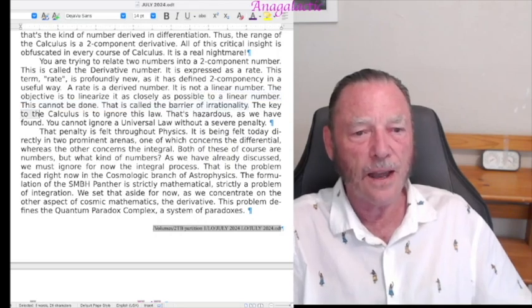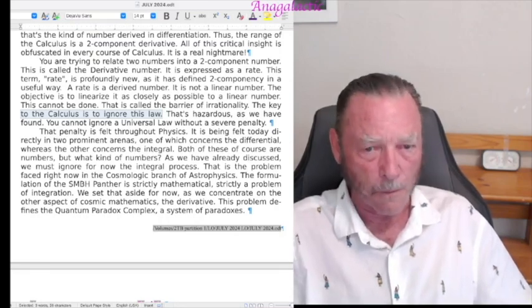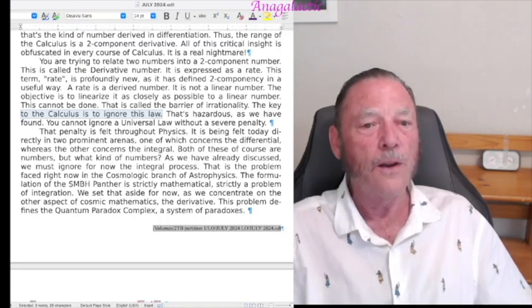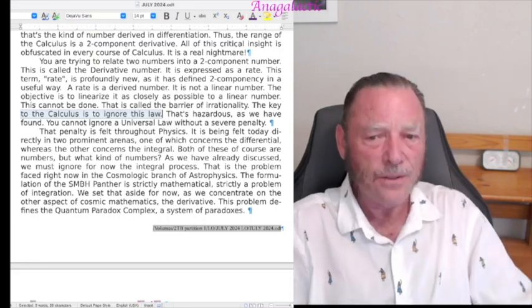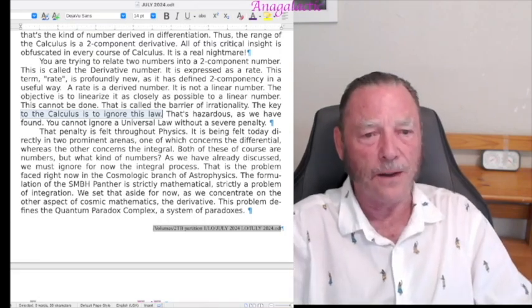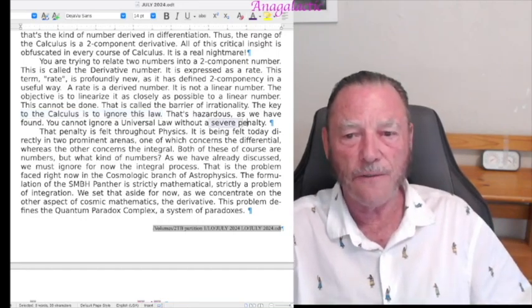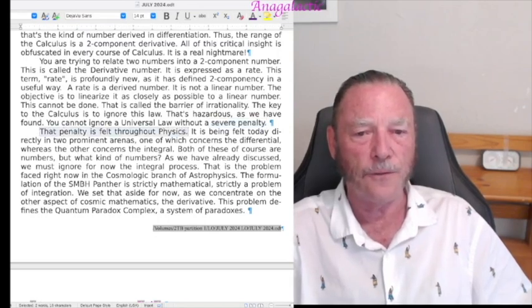The key to the calculus is to ignore the law. You do it anyway because you want to. And you're going to do it even though nature says you can't. That's hazardous, as we have found out. You cannot ignore a universal law without a severe penalty. That penalty is felt throughout physics.